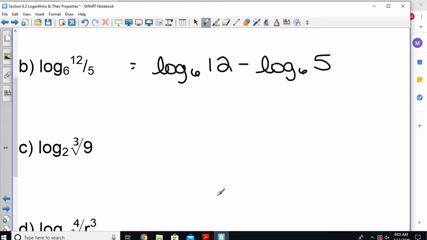Okay. C. Log base 2 of the cube root of 9. Keep in mind, that's the same thing as saying 9 to the 1/3 power. What do we do in that case? What was our power property?